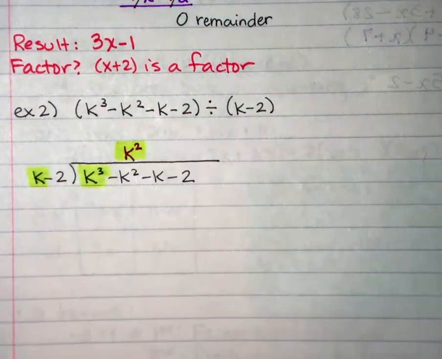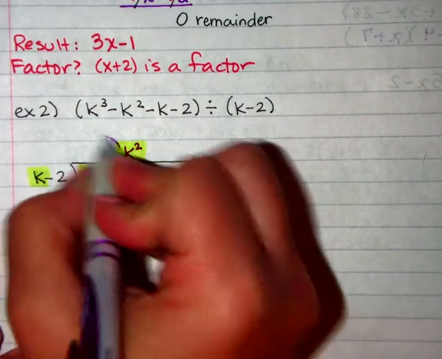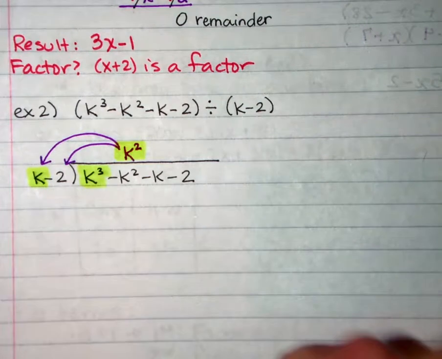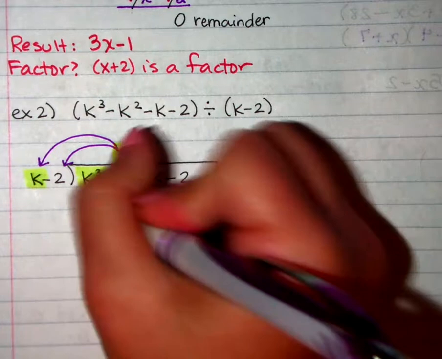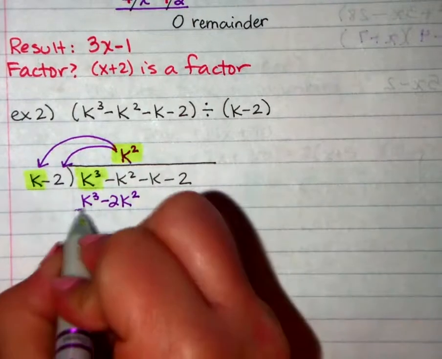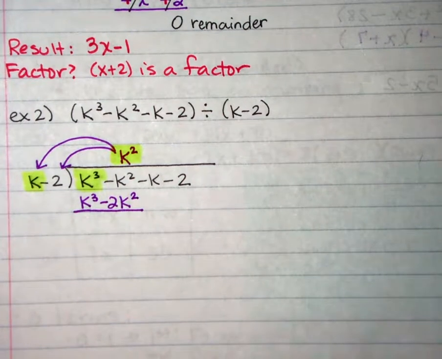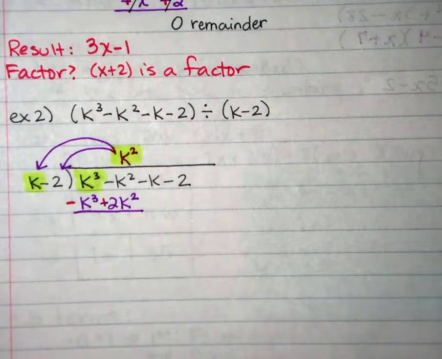So k squared times k is k cubed, and k squared times a negative 2 is a negative 2k squared. Make sure you're lining up underneath the correct like terms. You're going to draw your line, change your sign, and then add vertically. So minus 1 plus 2 is a 1 with a k squared. Don't forget you need to have the correct variable, correct coefficients and correct powers.